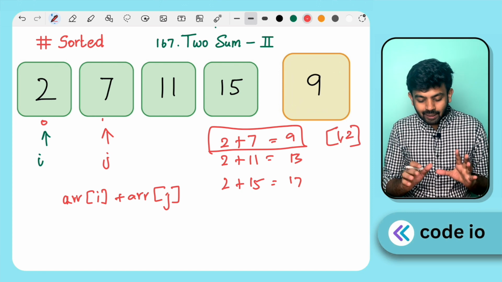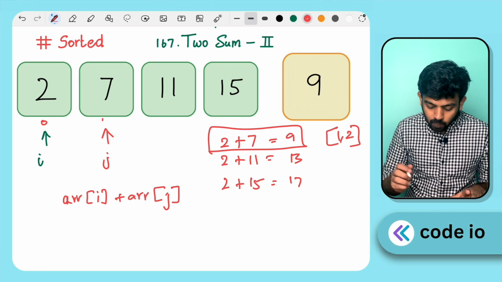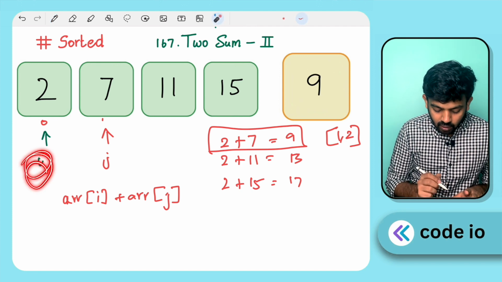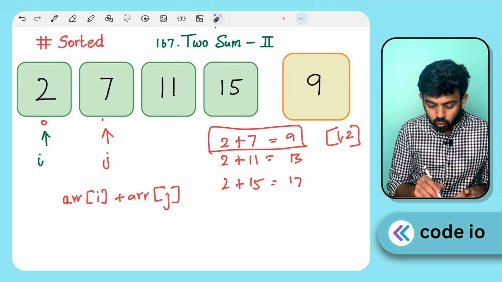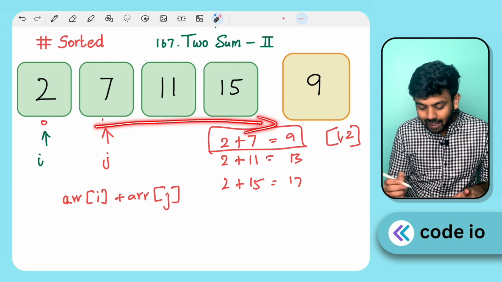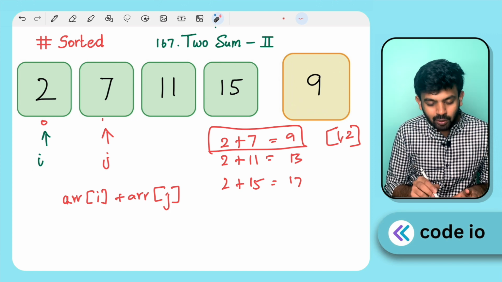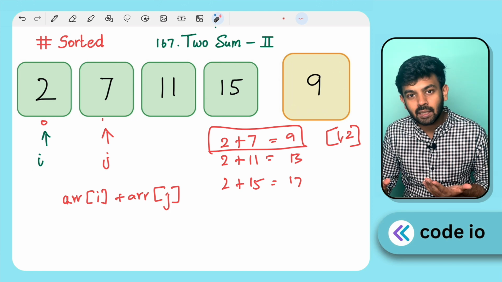In this case it's easily found here, but what you usually do is take the value of i as the initial value and iterate j through the entirety of the list, and then update the value of i to the next element and again iterate through the entirety of the list.